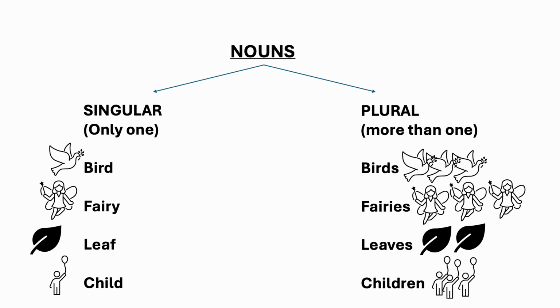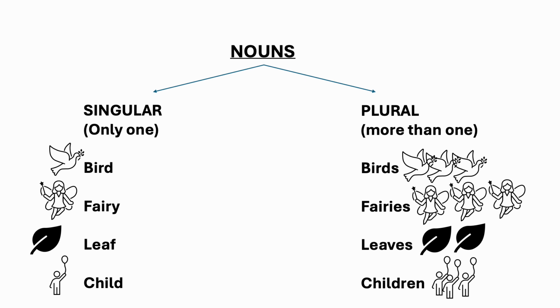Alright children, look at this. Here are the examples of nouns, and as you can see, there is singular and there is also plural. When we say singular, the noun is only one, and plural, they are many. It's more than one. Example, bird, the plural, birds.